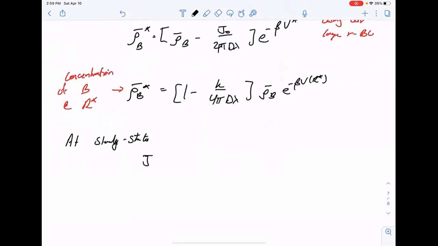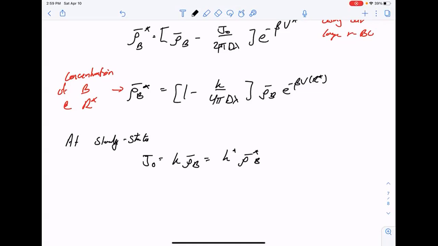We have J naught is equal to K times the bulk density, which must also be equal to K star, the rate at contact, times the concentration at contact.